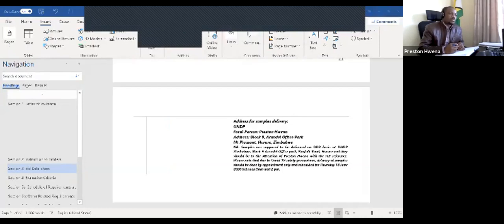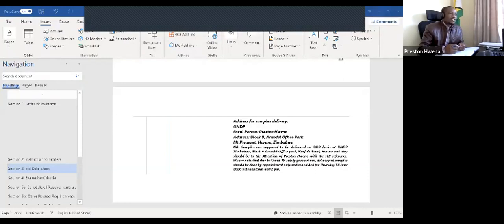because all other local bidders will deliver their samples at our offices. And we are also saying that because of the COVID-19 safety precautions, delivery of samples will be done by appointment only. What do I mean by appointment only? We have given you the email addresses.